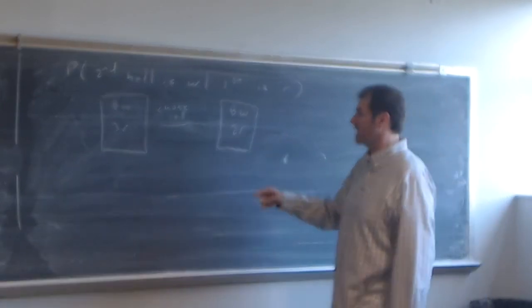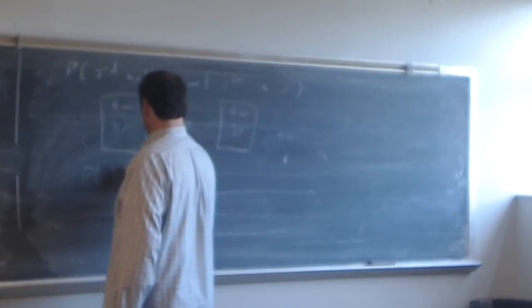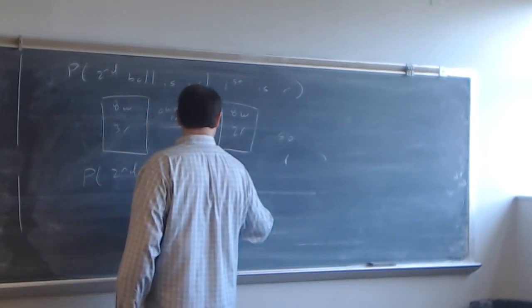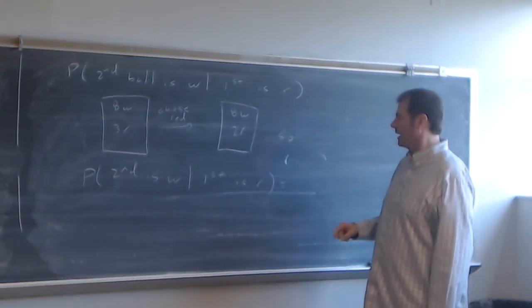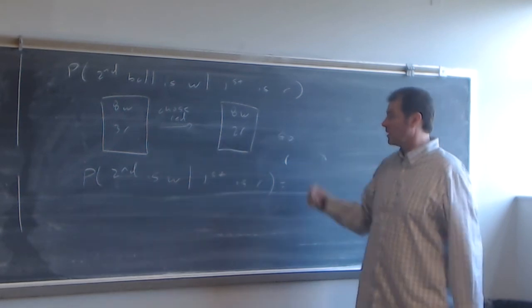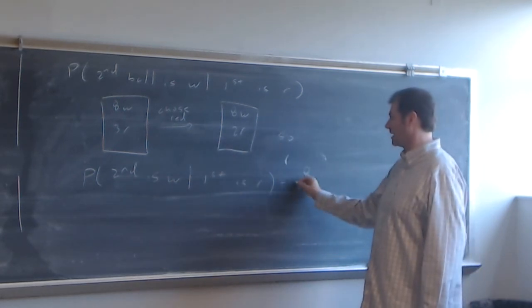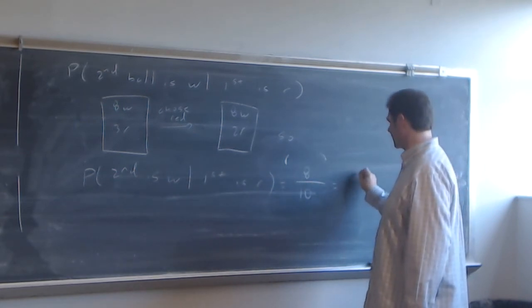And now, what's the chance the second is white, given first is red? We're in this position, and so we just count. How many ways can I get a white ball in this situation? There's 8 ways. Over how many ways can I get any ball? Well, there's 10. And so this ends up being 4 out of 5.